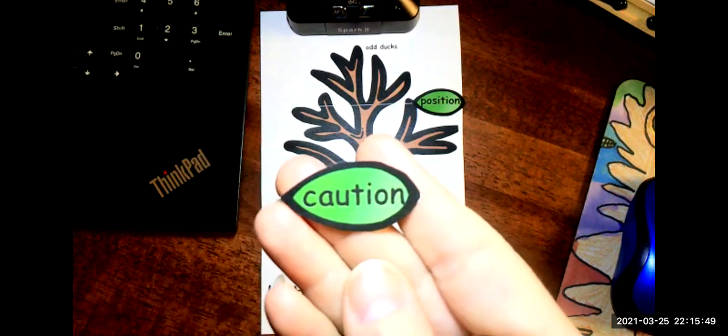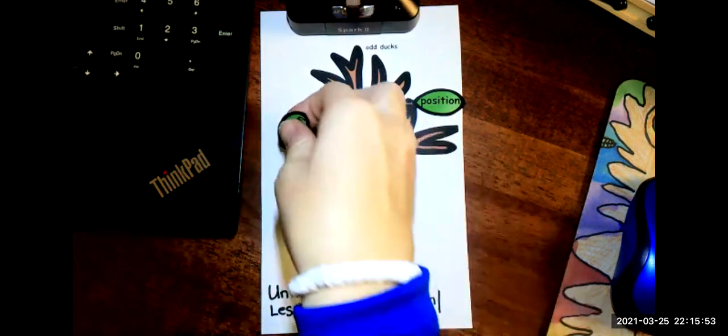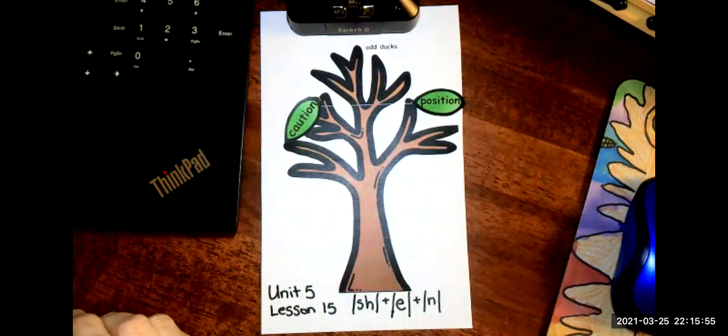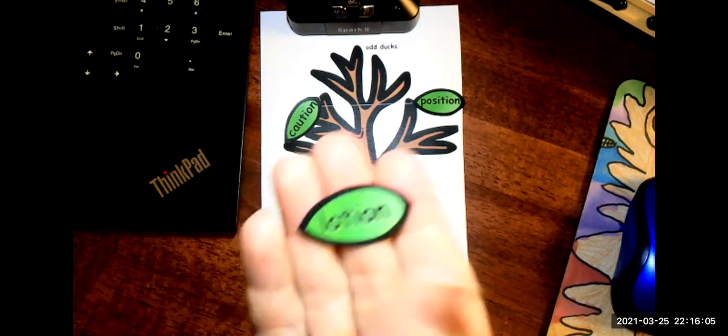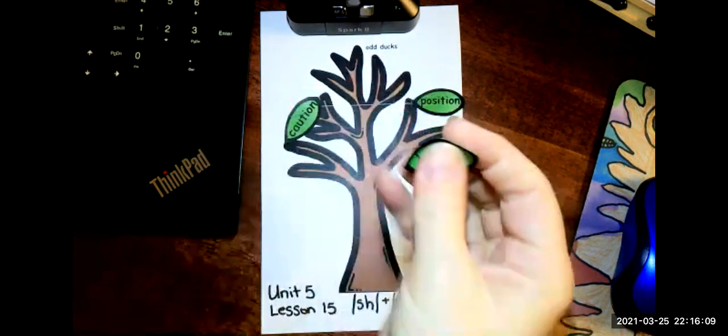The next word is caution. Caution. Lotion.